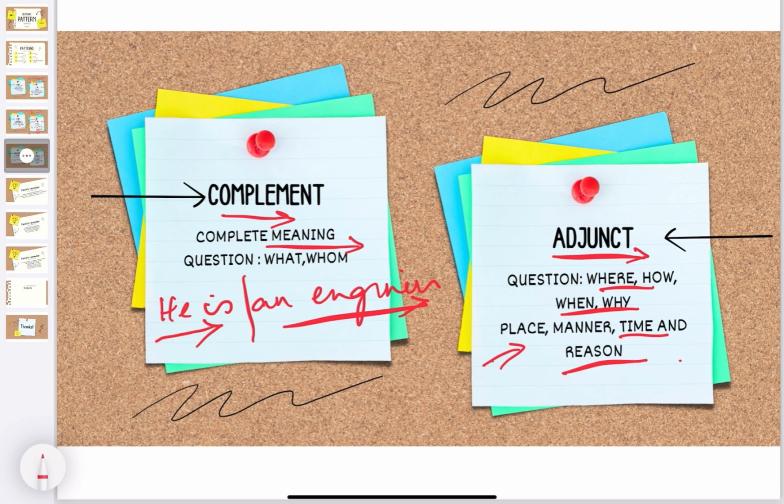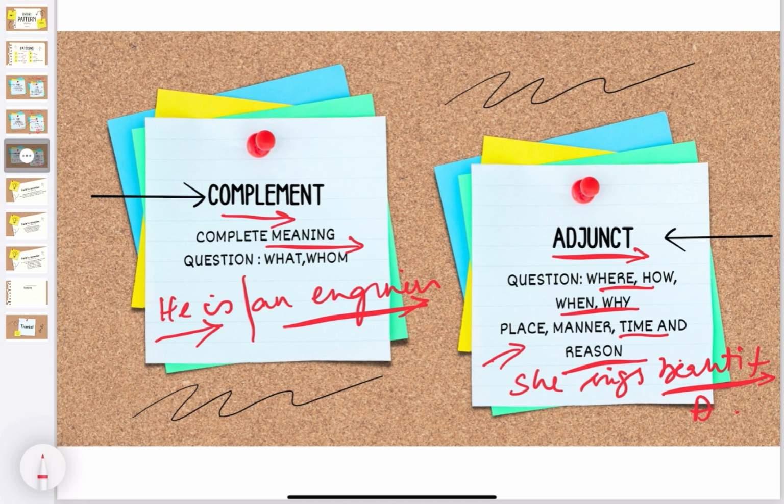For example, for an adjunct, I can give you: she sings beautifully. She sings beautifully. So here, beautifully is an adjunct because it answers the question how. How does she sing? She sings beautifully, right?